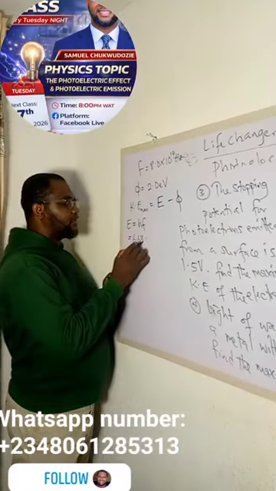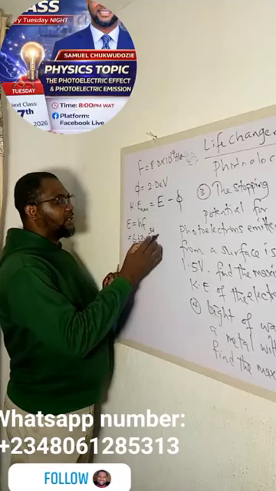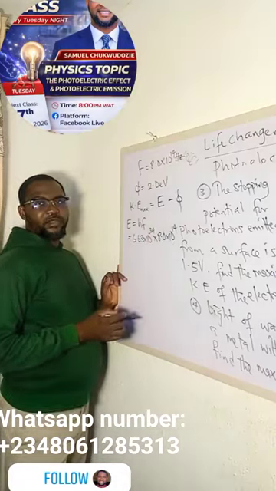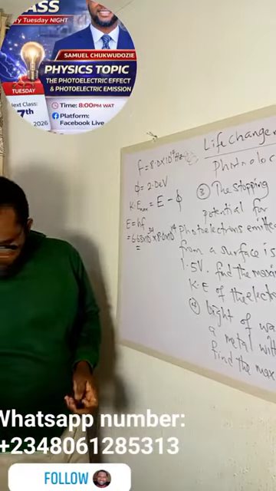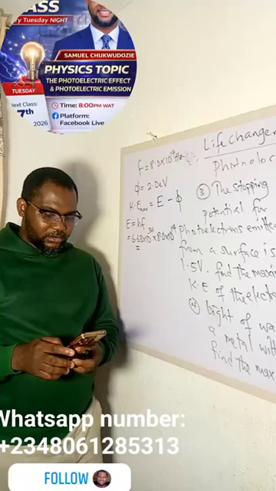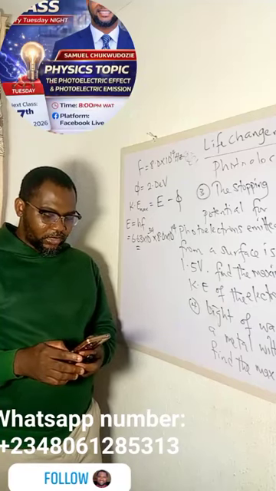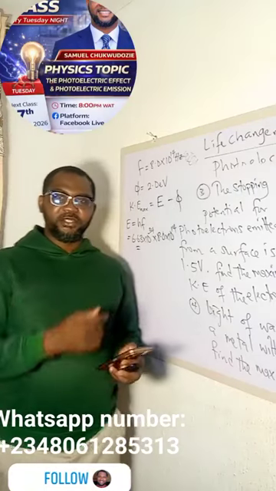That means 6.63 times 10 to the power minus 34 multiplied by the frequency, which is 8.0 times 10 raised to the power 14. So you can use your calculator to get that.